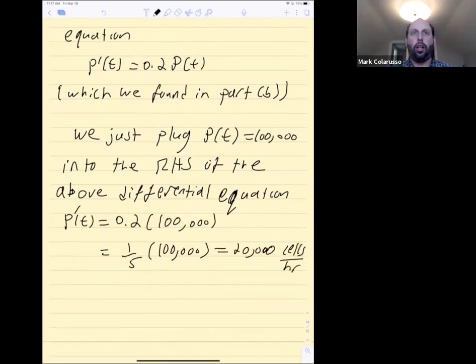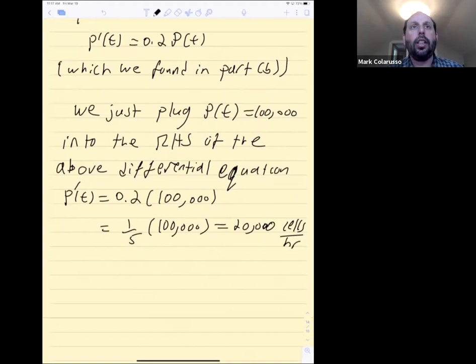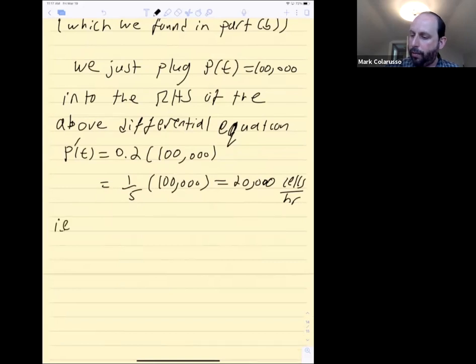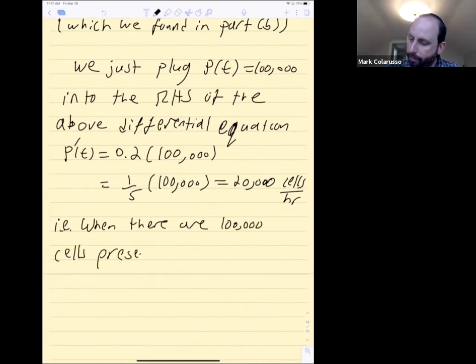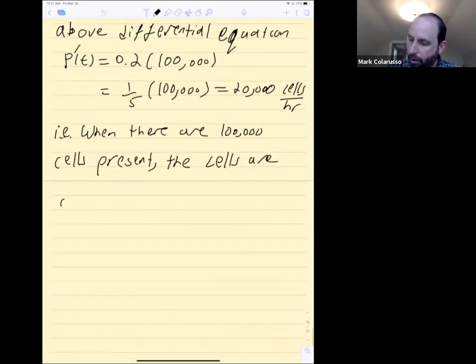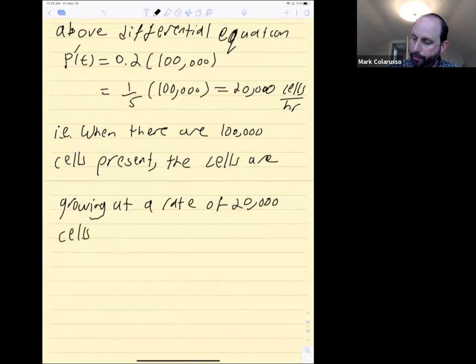So when there are 100,000 cells present, the cells are growing at a rate of 20,000 cells per hour. So that's what that means.